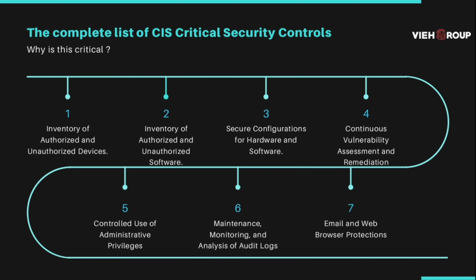Third part, secure configurations for hardware and software. Companies need to establish, implement, and manage the security configuration of laptops, servers, and workstations. Companies have to follow strict configuration management and implement a change control process to prevent attackers from exploiting vulnerable services and settings. Now why is this critical?